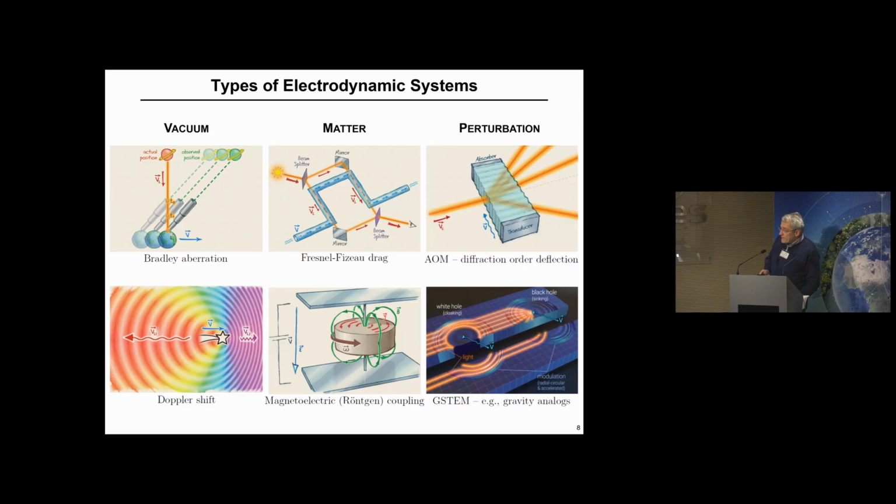What we're interested in here is a third type of moving system: a moving perturbation. This is what we have in conventional acousto-optic modulators. You have a transducer, and a moving index of refraction. There is no motion of atoms or molecules, no net transfer of matter. Instead, just a perturbation that moves, and in this case it deflects the diffraction orders in a specific direction.